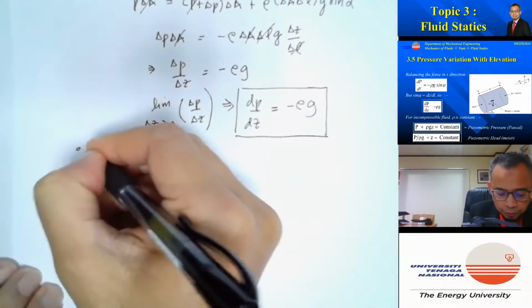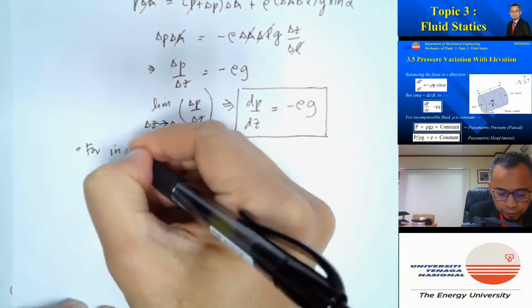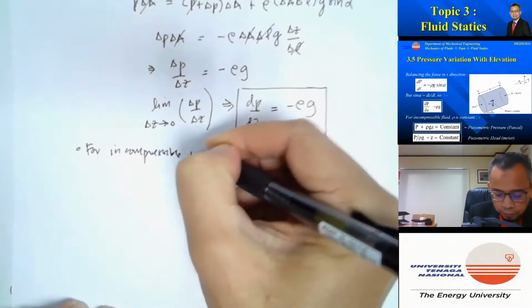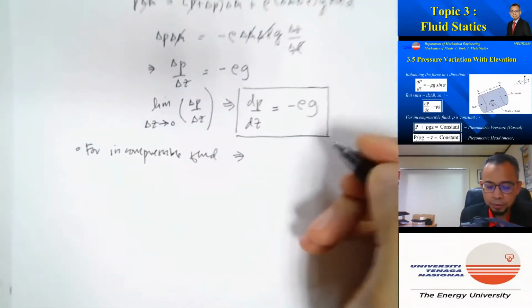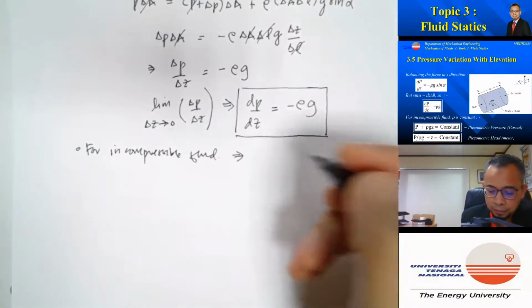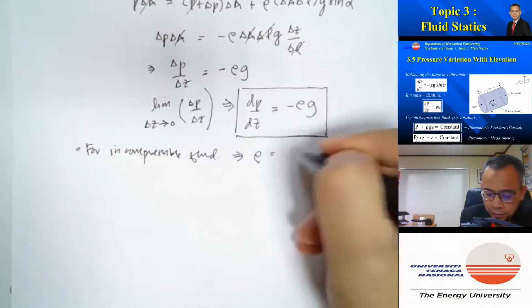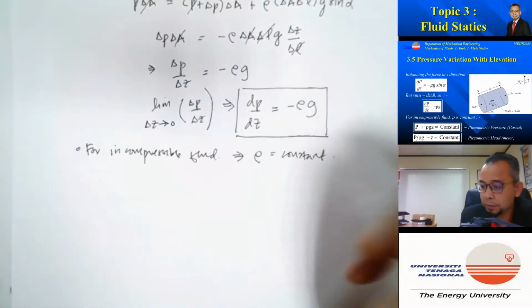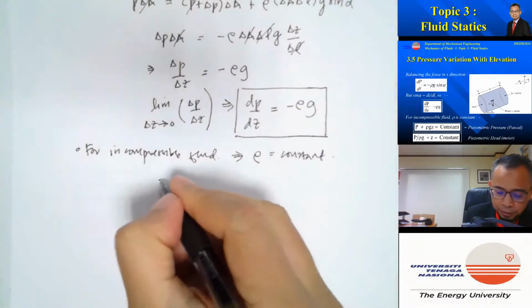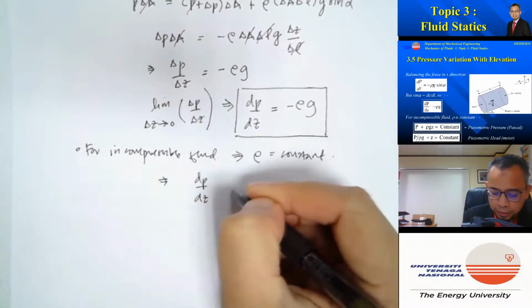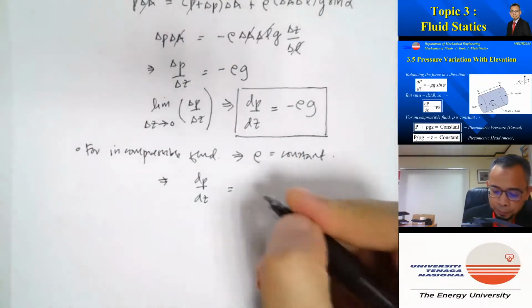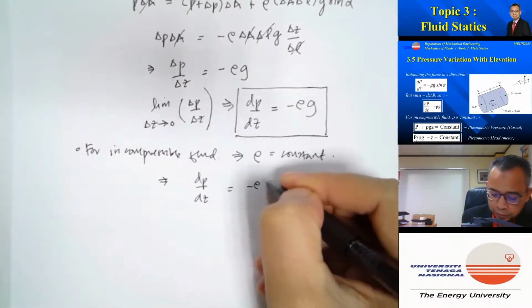So for an incompressible fluid, which means that it is not compressible, rho is equal to a constant. So this means that you can write dP by dz equal to minus rho g.